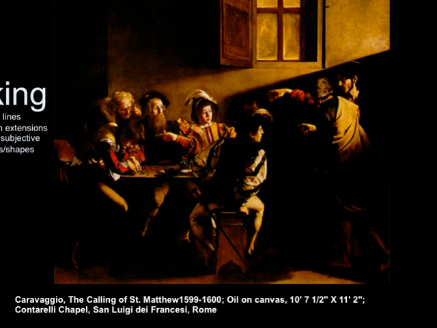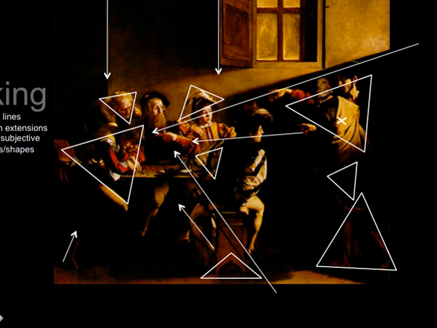And then linking is when you've got leading lines that link through extensions with implied and subjective edges and lines and shapes. Did I show you this one already? No. This is Caravaggio's piece, The Calling of St. Matthew. And one of the things going on here is all of these lines in the composition are leading to this guy. This is the focal point, even though he's hard to see here. Look at all this going on.